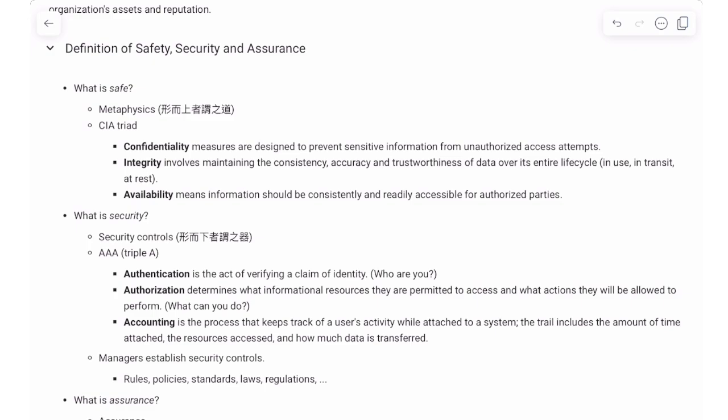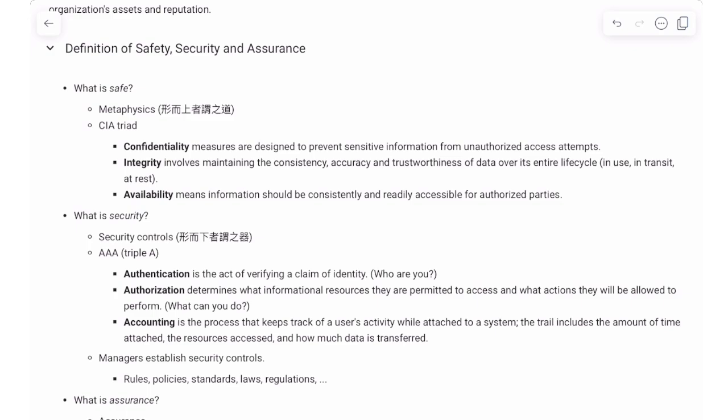And after authentication, the system may have to perform some authorization process. Not only knowing who you are, but also what action you can do, what action is permitted. So the second question is, what can you do on the system?